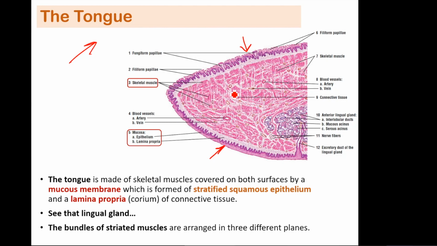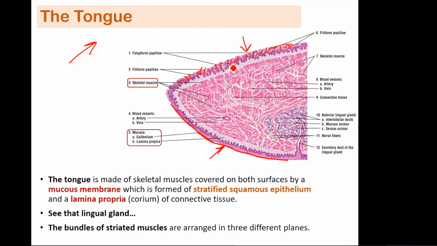You can easily see that the ventral surface is smooth and has no keratin, while the superior surface has something like villi protrusions, which is the tongue papillae or lingual papillae.